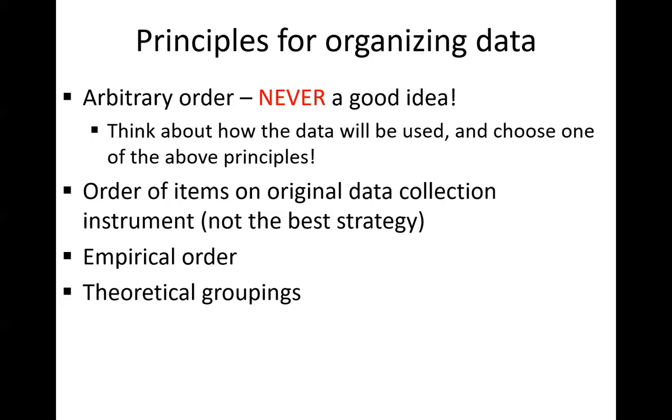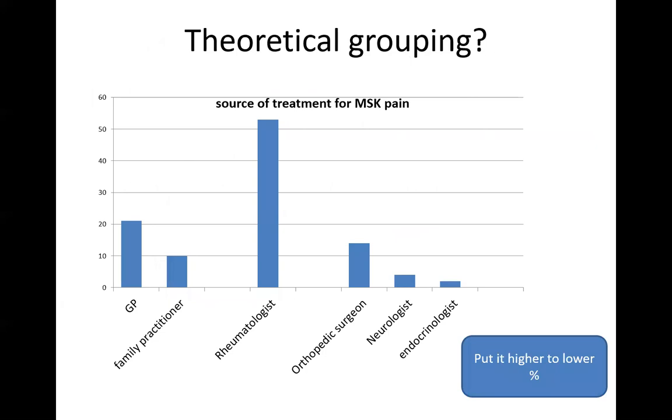And theoretical grouping means that if these 20 items fall under different subgroups, you can put them under different subgroups. Let me give you an example of a theoretical grouping. This comes from a study on musculoskeletal symptoms and treatment for musculoskeletal pain.